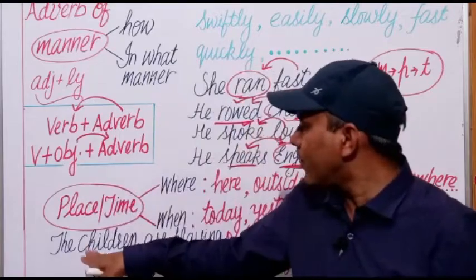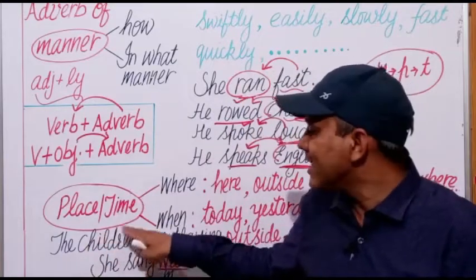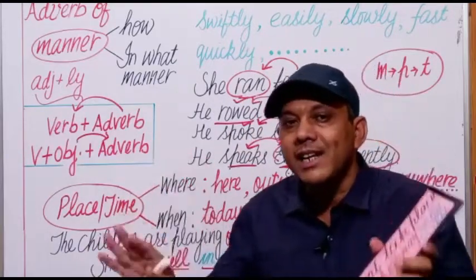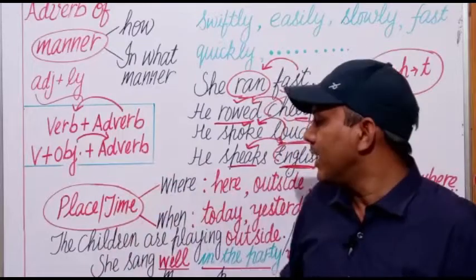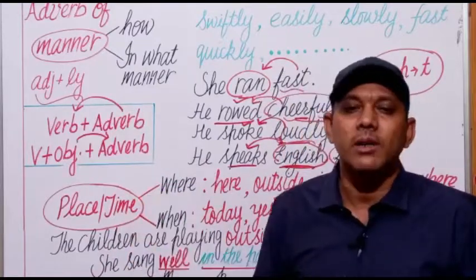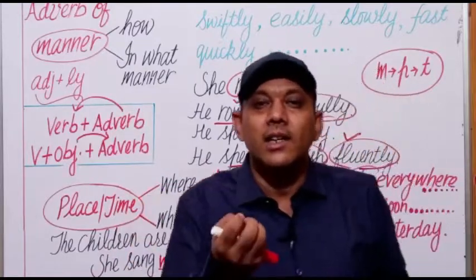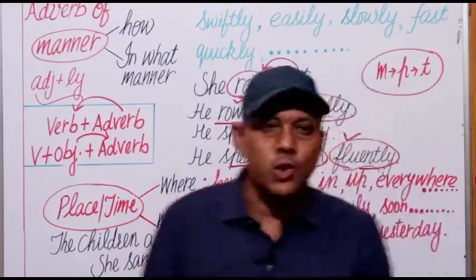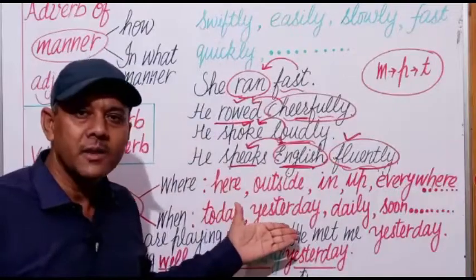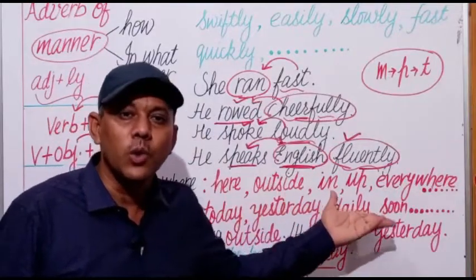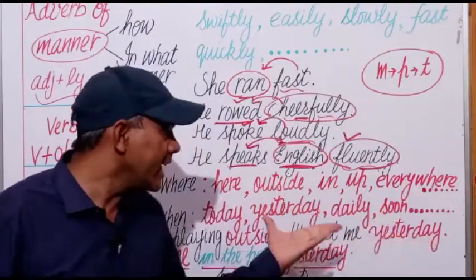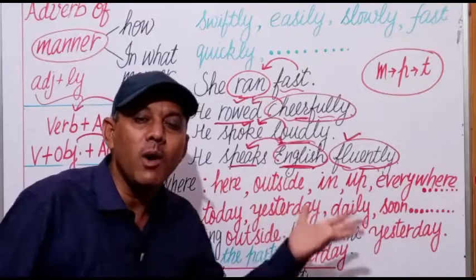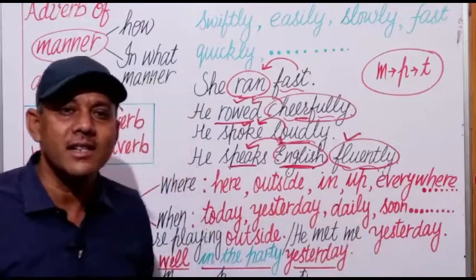And in case of adverb of time, it is clear from the title of this type of adverb, it tells the time of the action. Means it answers the question when. For example, today, yesterday, daily, soon, etc. These words tell the time of action in the sentence.